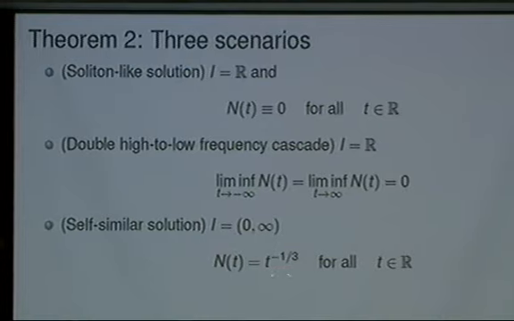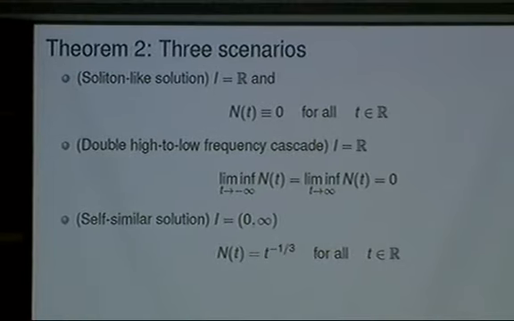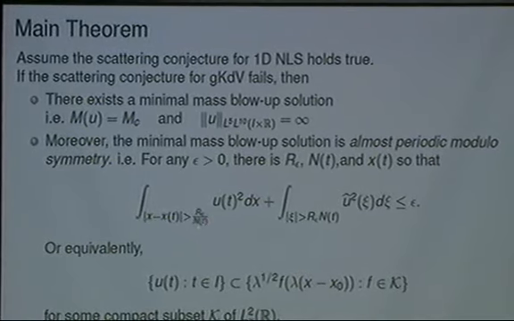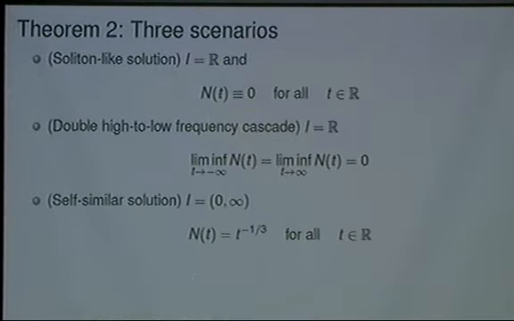Especially for this case, because the frequency scale is blocked at time 0, the maximal lifespan solution just exists from 0 to infinity. So it blocks at t equals 0. This is the finite time blow-up case.